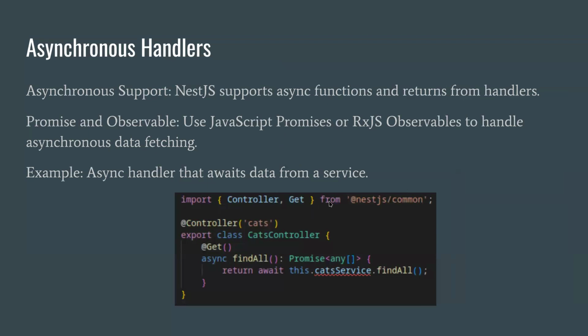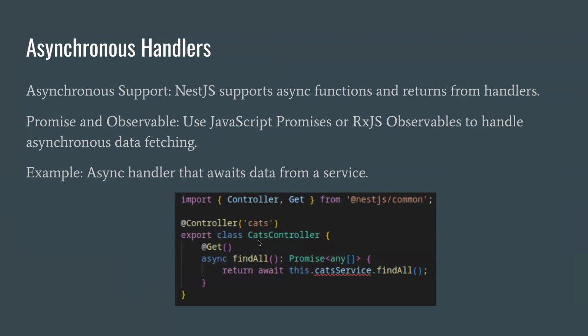You can define asynchronous handlers that return promises or even use RxJS observables to manage more complex data flows. This is really important if you want to build a non-blocking backend in Node.js.